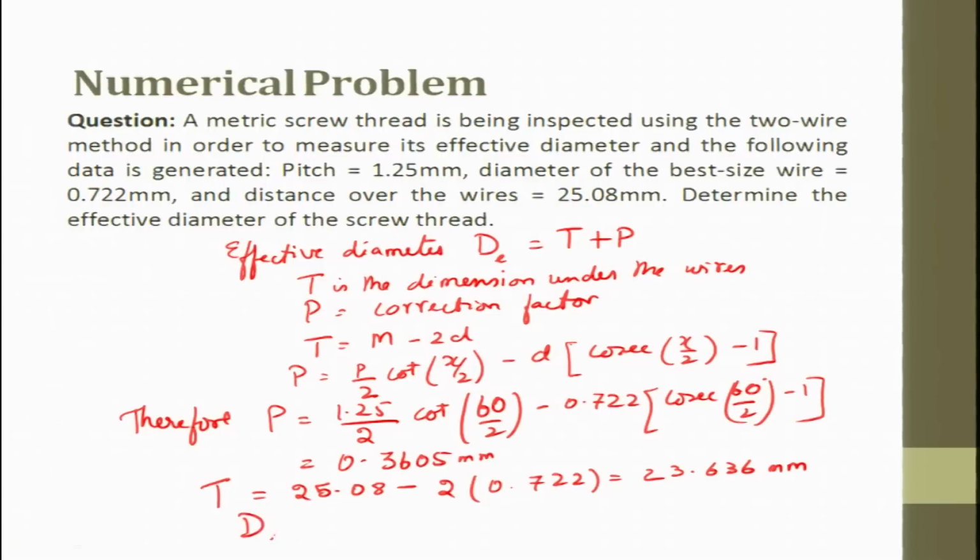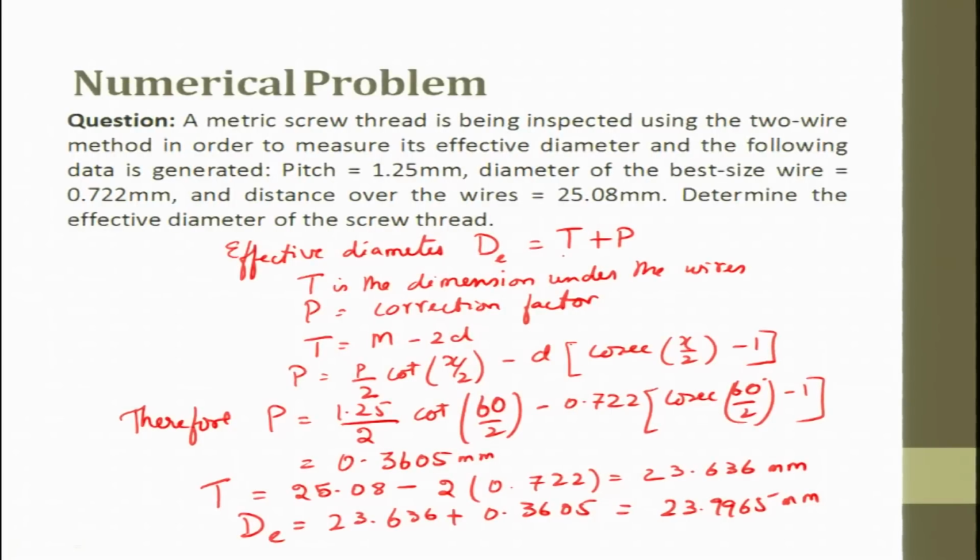Finally, dE is nothing but T, 23.636, plus 0.3605, which is 23.9965 millimeter. So what we have done is, we know the effective diameter is nothing but the dimension under the wire plus the correction factor.